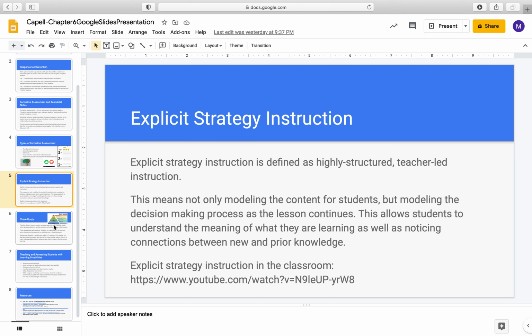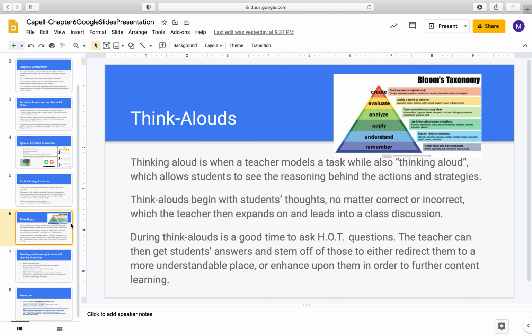Another one that I thought was really interesting was think alouds, when a teacher models a task while also sharing their thought process. These can begin with students' thoughts.